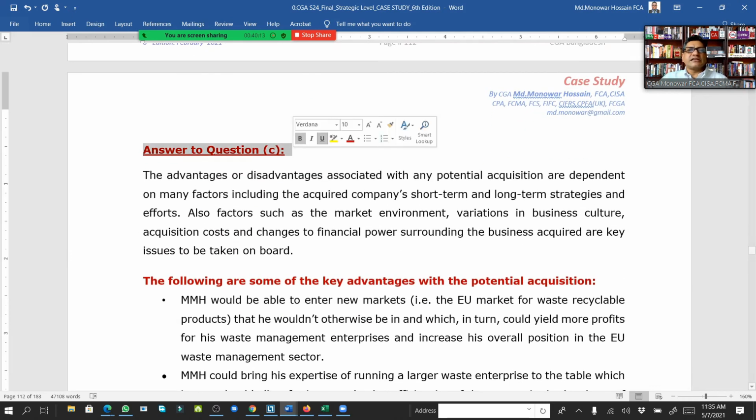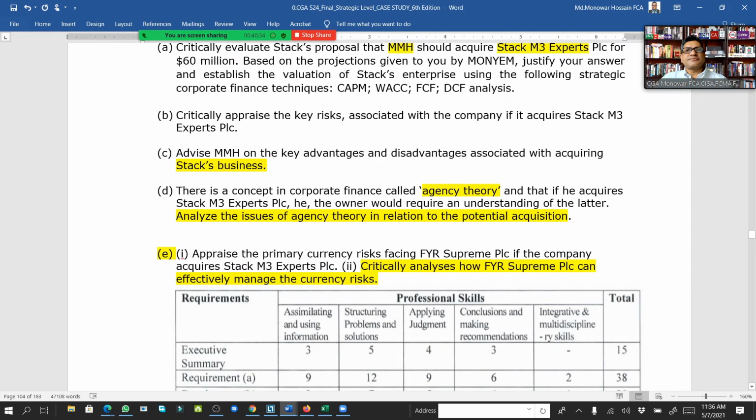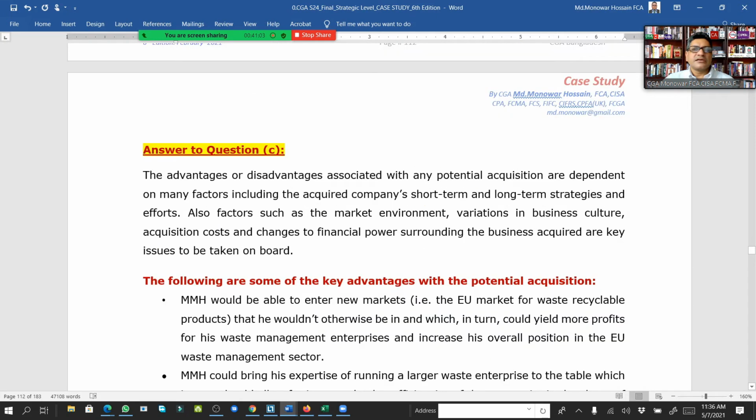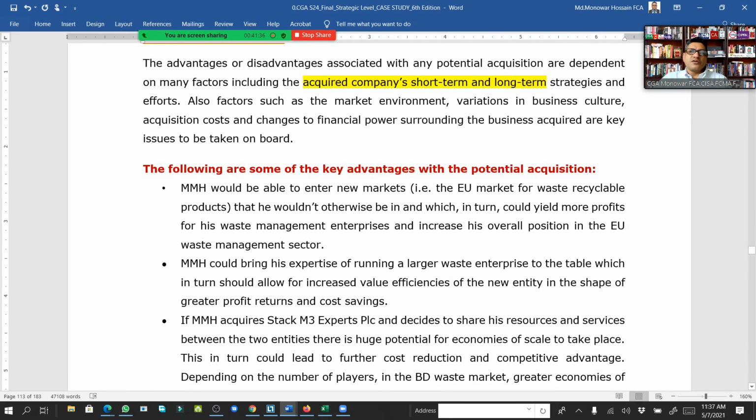And now answer C. C means advise MMA on the key advantages and disadvantages associated with acquiring that business. The advantages and disadvantages associated with the potential acquisition depend on many factors, including the acquired company's short-term and long-term strategy. Also factors such as the market environment, variation of business culture, acquisition cost, and change of financial power surrounding the business acquired are key issues to be taken on board. So the board will decide.